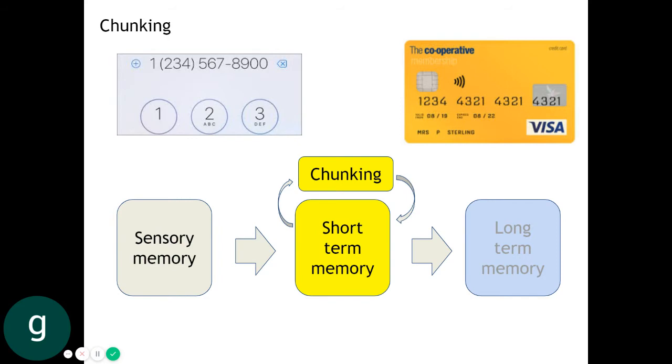So a phone number could be 01259 219 343. So you group that into three sections: the area code 01259, and then two three-number sections, 219 and 343. Bank cards also arrange themselves using chunking. So you can see 1234, 4321, 4321, 4321.